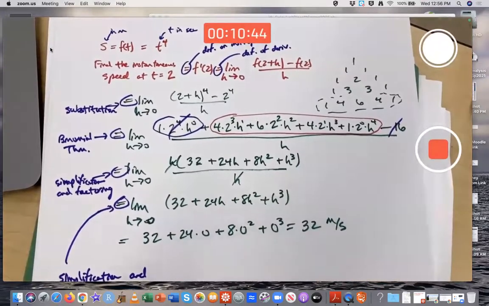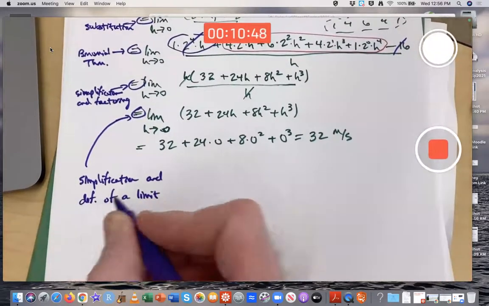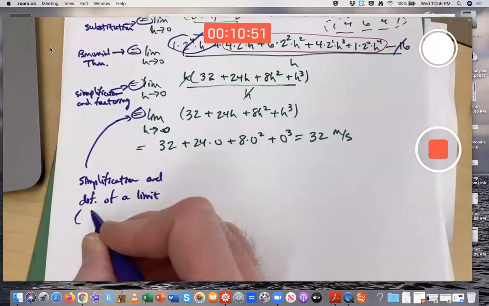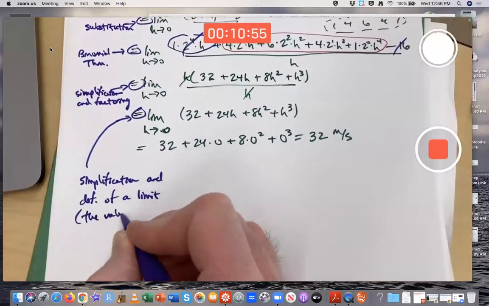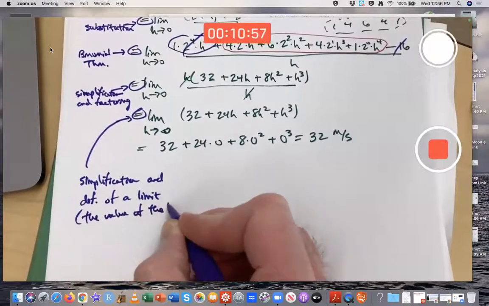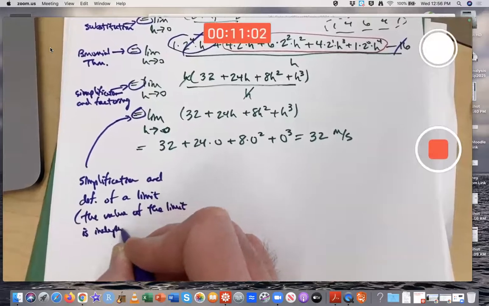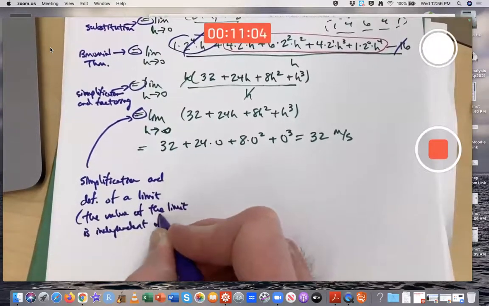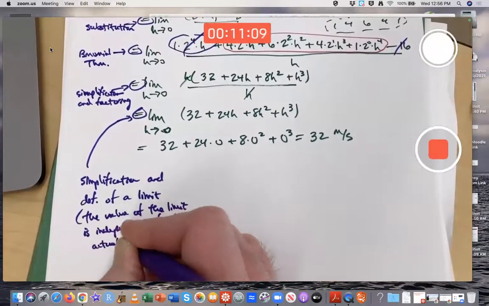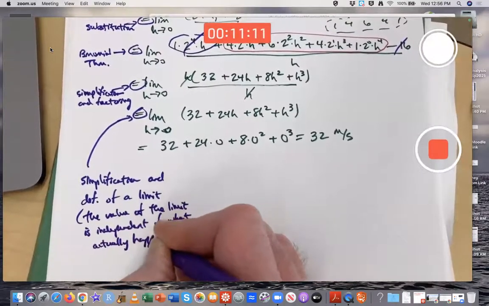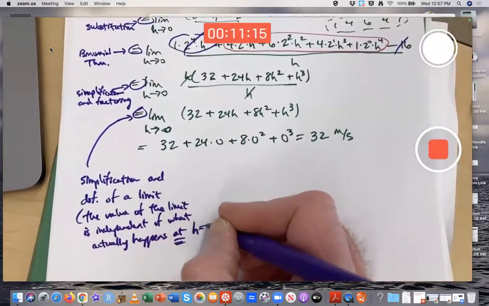I'd be fine if you said definition of a limit. Sorry that I didn't show that to you there. If you want to be a bit more specific, you could say the value of the limit is independent of what actually happens at, emphasis on the word at, h equals 0.